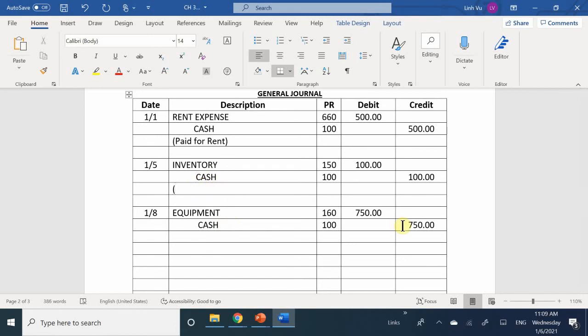So here, inventory, I'm going to write purchase 100 items at $1 each. Where this one is, we bought a machine with cash, so purchase a machine.